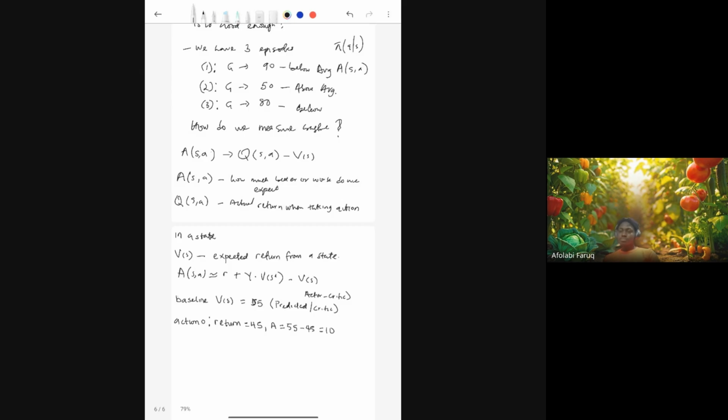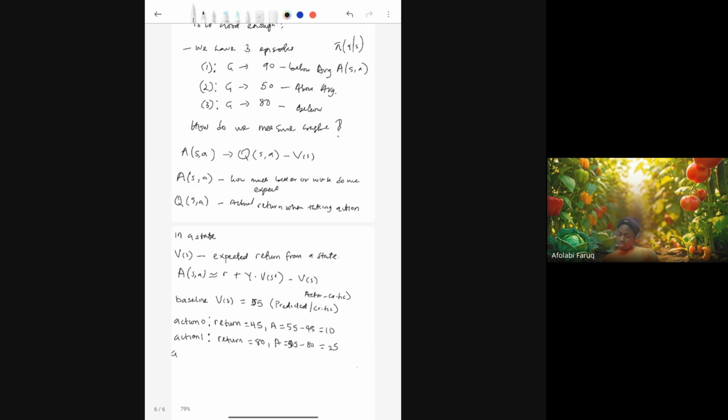Now, let's say action one is being taken. Here the return is 80. Then the advantage is going to be 80 minus 55, which is going to give us 25.